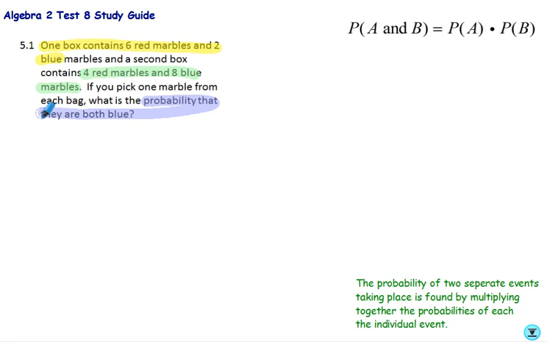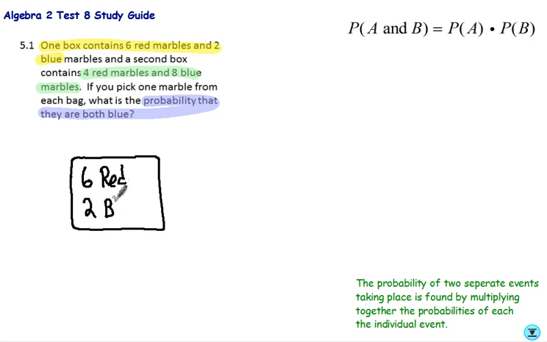One thing I like to do with these kinds of problems is make a little inventory, and just draw a picture. So there's a box, and in the first box there's 6 red and 2 blue. Let me make my box a little bigger here.